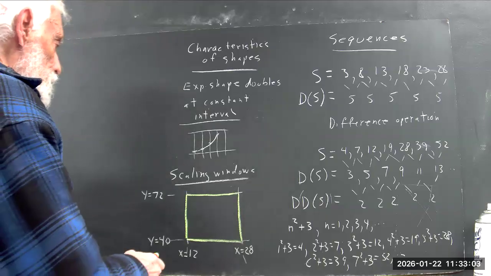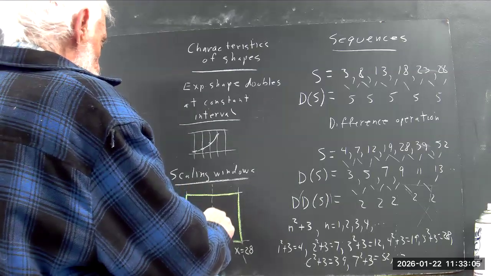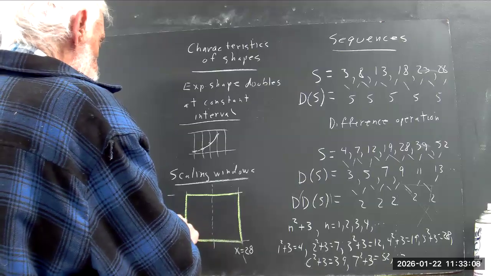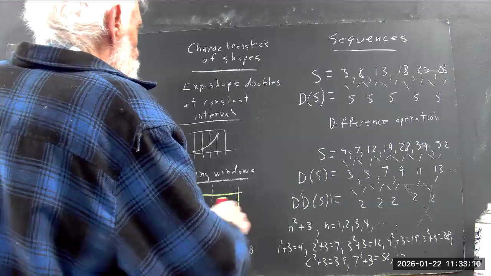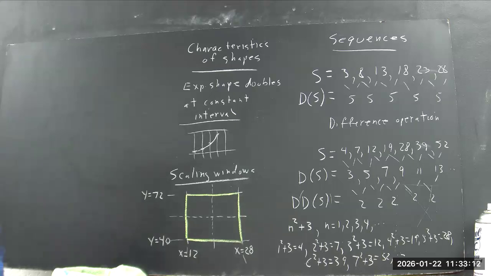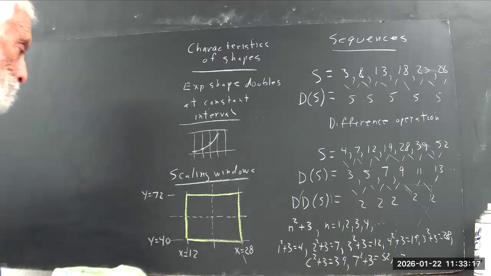Then I think the first thing I ask you to do is just do the halfway vertical line, do the halfway horizontal line, and label them.